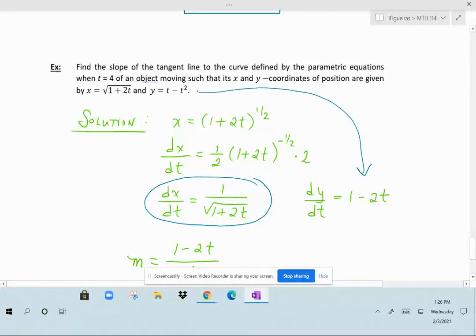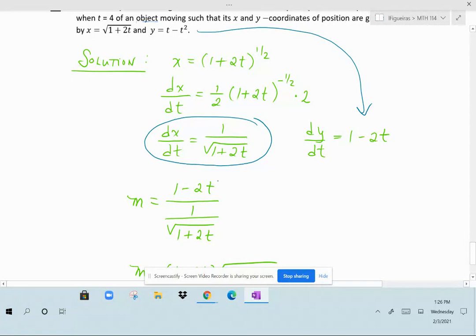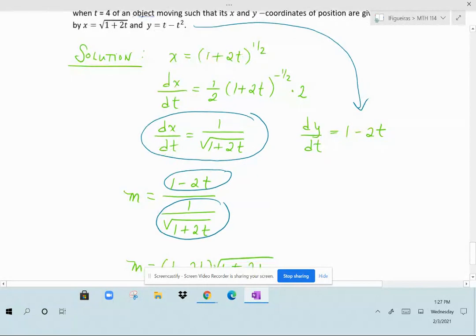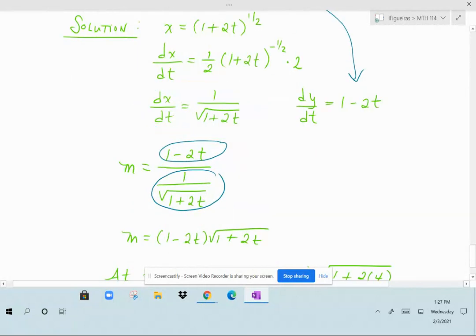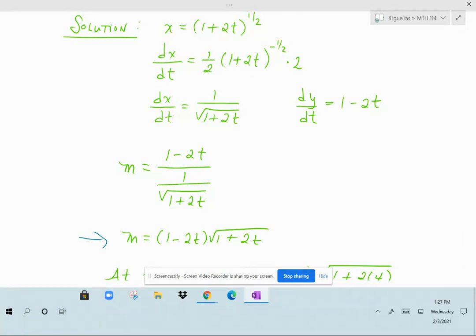So when I write my slope in general terms, this is going to be dy/dt divided by dx/dt. But we know that when you're dividing by a fraction, it's the same as multiplying by its reciprocal. So the slope in general terms is (1 minus 2t) times the square root of 1 plus 2t.